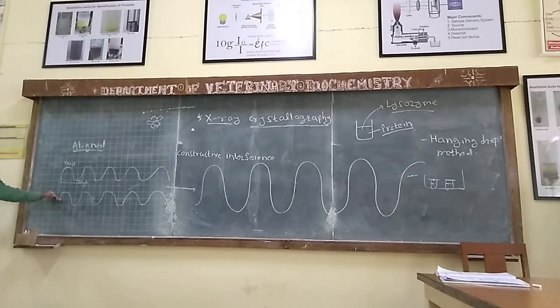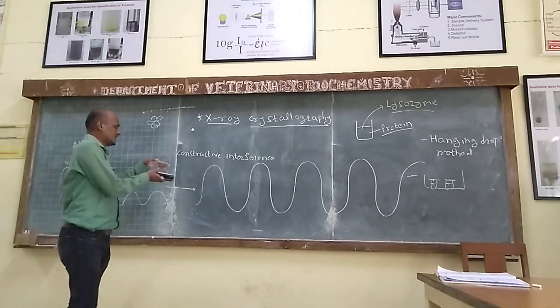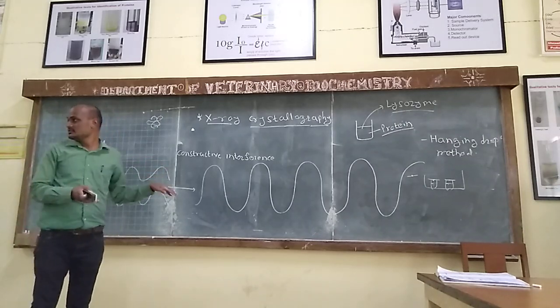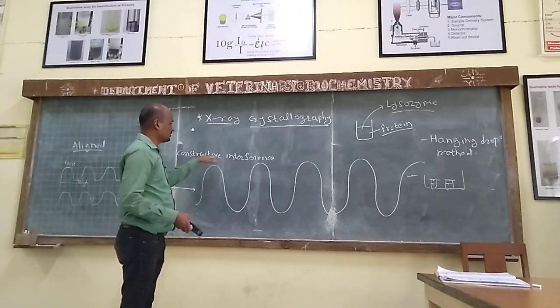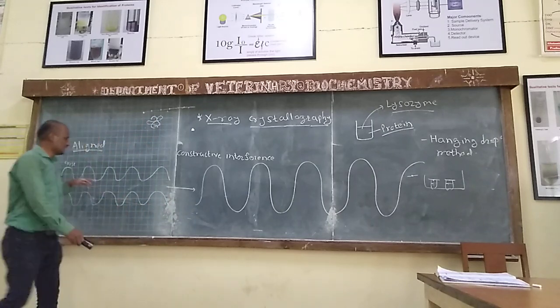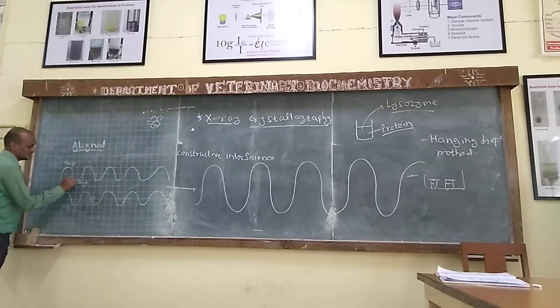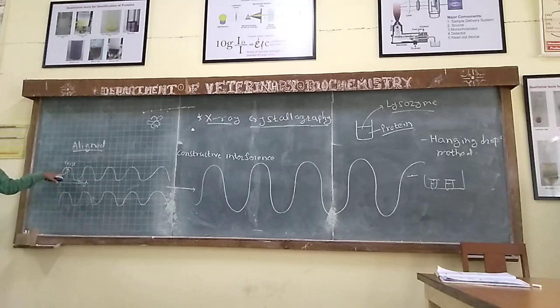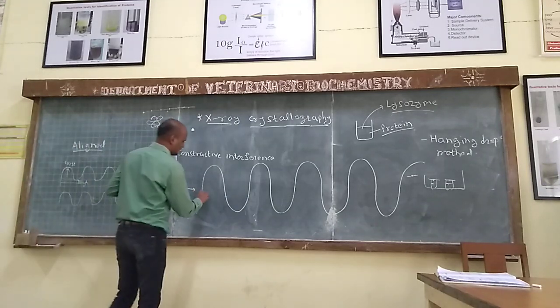Crest aligns with crest, trough aligns with trough. If you pass the light like this, it will make constructive interference. Constructive interference means the amplitude, the distance between the baseline and this, is the amplitude. Here you can observe this.